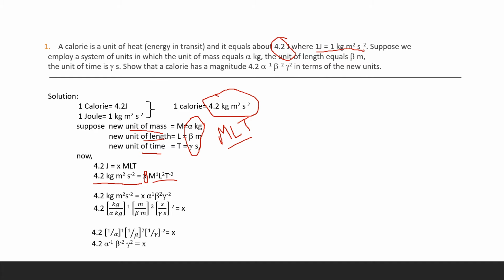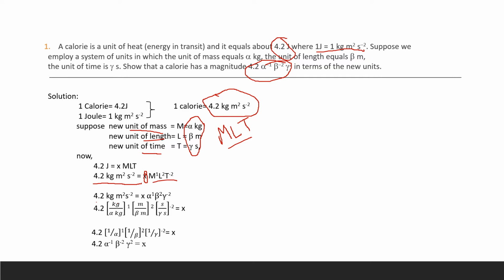So now finding the value of x, we have to show that the magnitude is 4.2 alpha, beta, gamma, and its powers. So now x is equal to 4.2. We are taking the other terms except the x to the other side, and we can cancel the kg, meter, and second, isn't it?